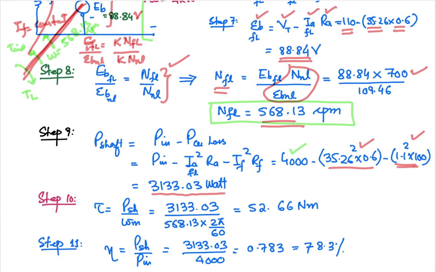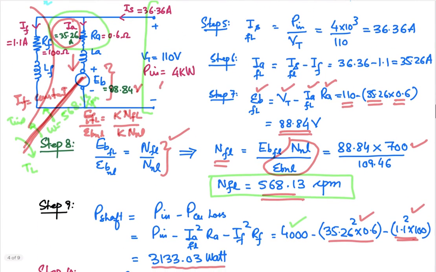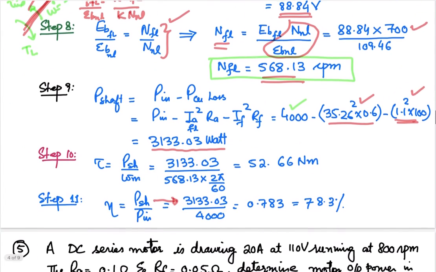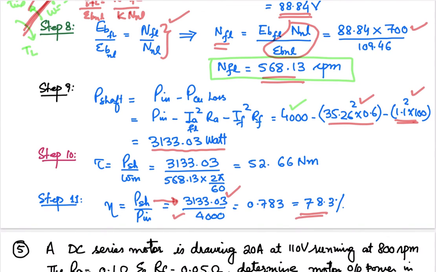Now the efficiency. The output power, that is the shaft power delivered to your load, is 3133.03, and the power that you are injecting is 4000 watt. The ratio of these two, the shaft power and the input power, will give you the efficiency, 78.3%.